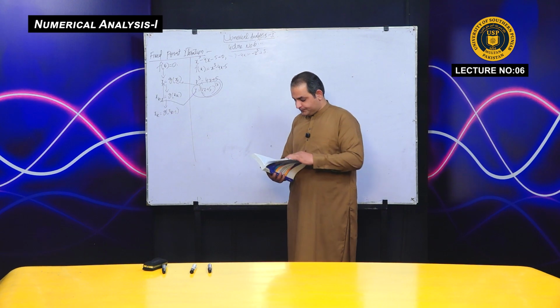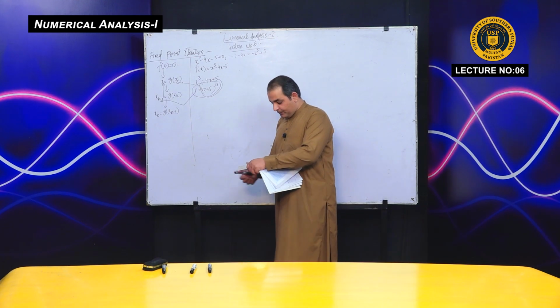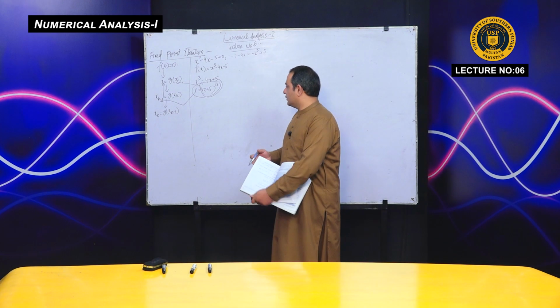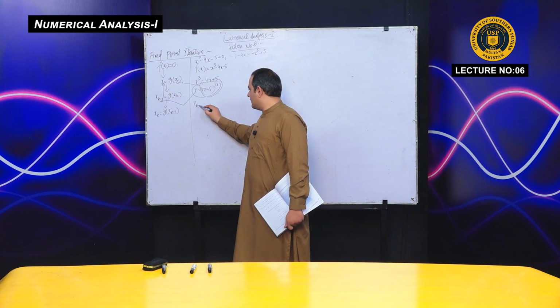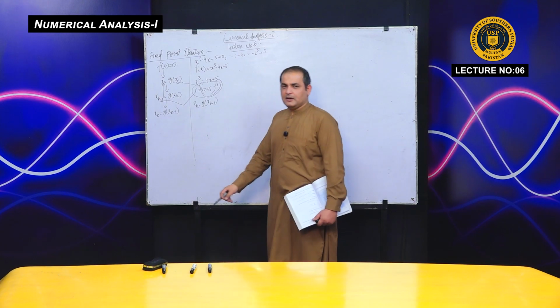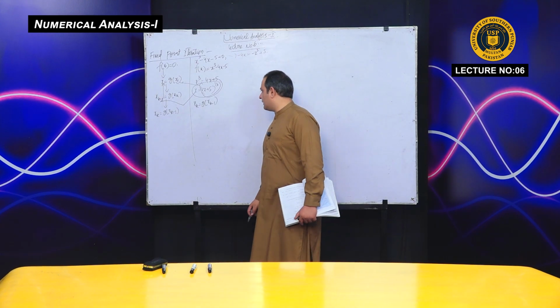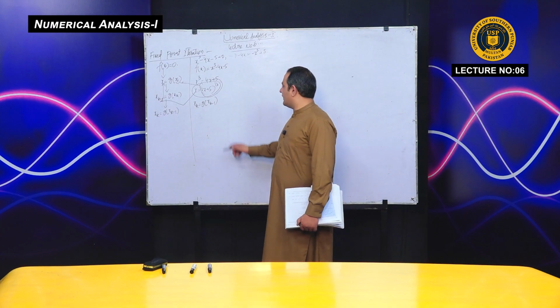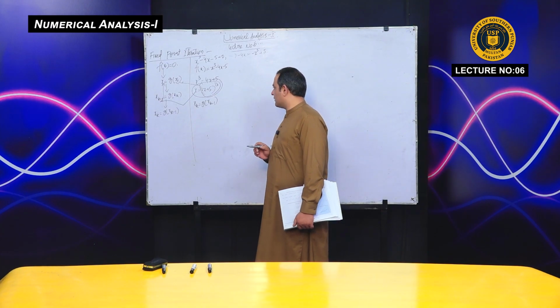Okay, now implement the formula. You have the formula x k equal to g of x k minus 1, the easiest formula. Basically I will definitely call this the easiest formula.